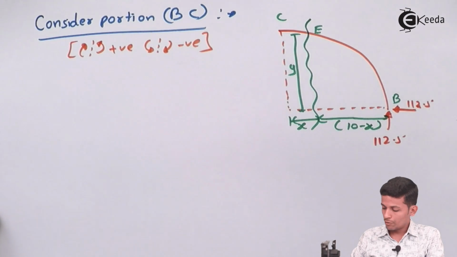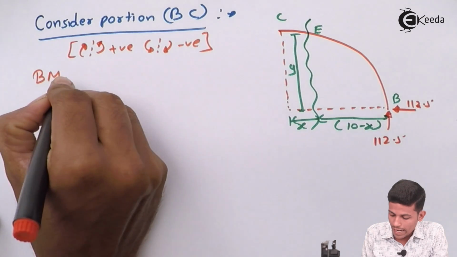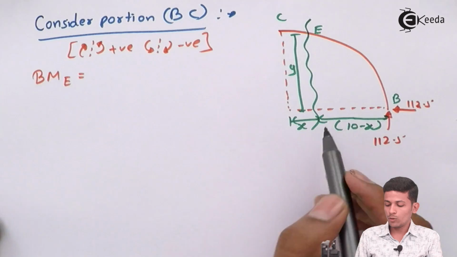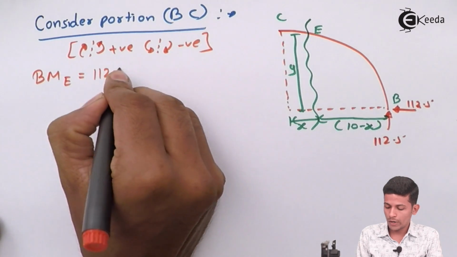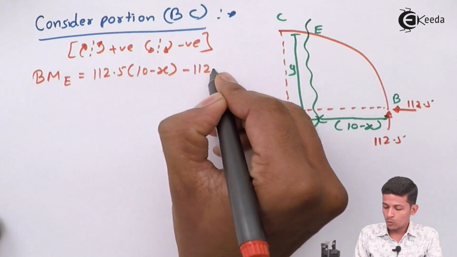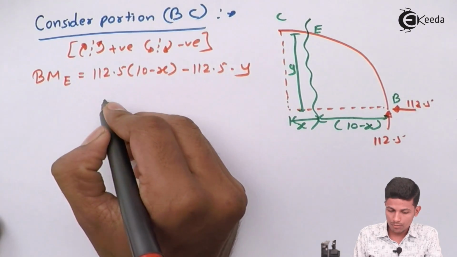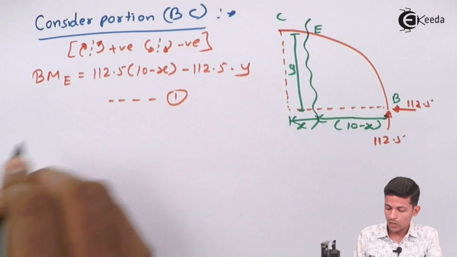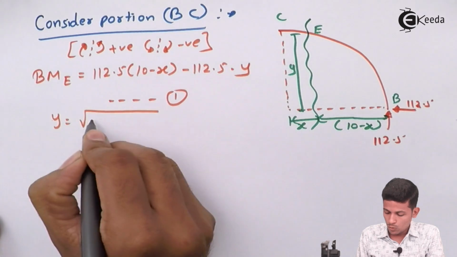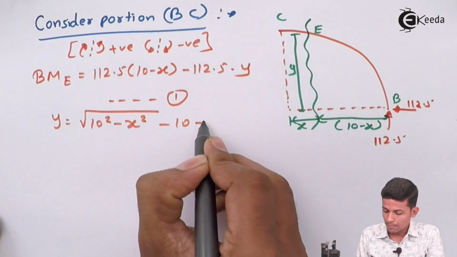Now see, we have to write bending moment at E. It is equal to 112.5 into 10 minus x minus 112.5 into y. Name it as equation number 1. But you know the value of y: y will be under root 10 square minus x square minus 10 plus 10.